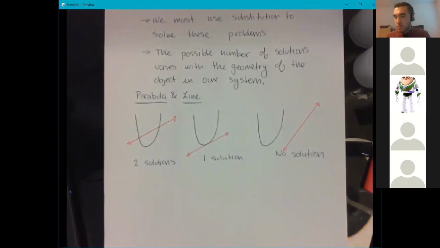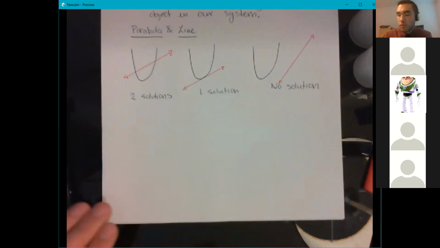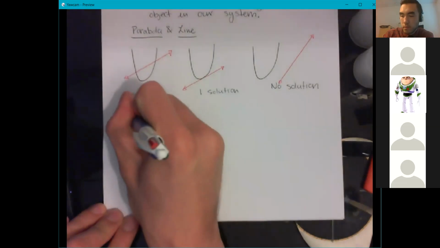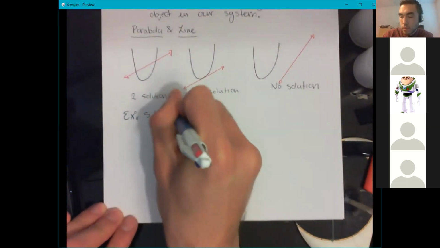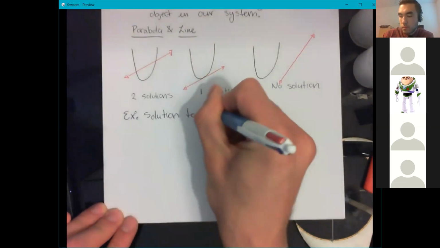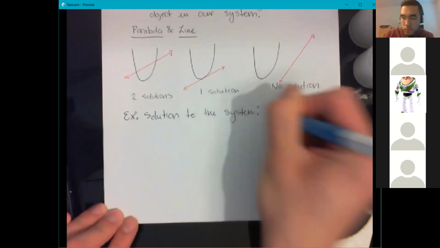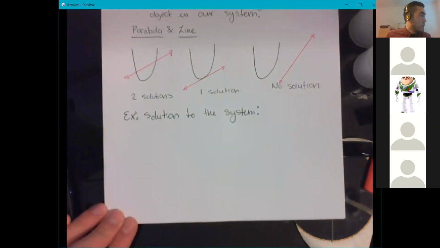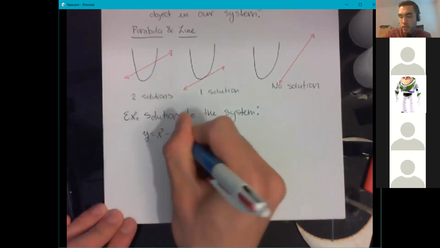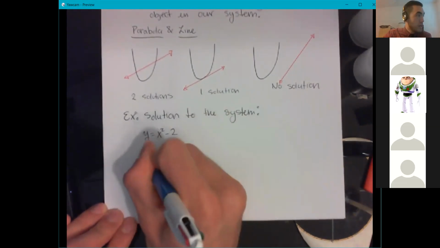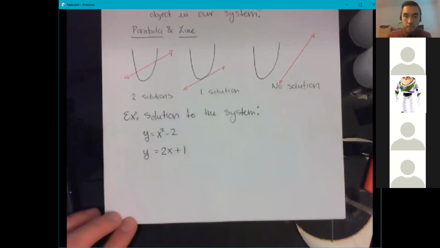So for our first example here, we're going to solve for the intersection of a parabola and line. For example, what is the solution to the system: y equals x squared minus 2, and y equals 2x plus 1.